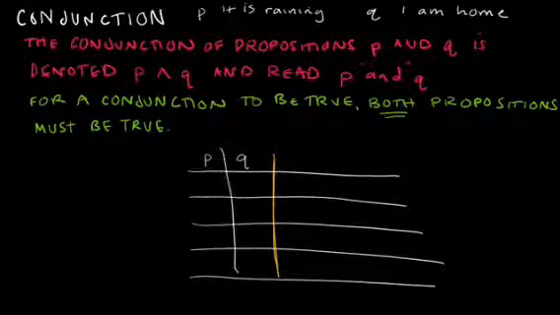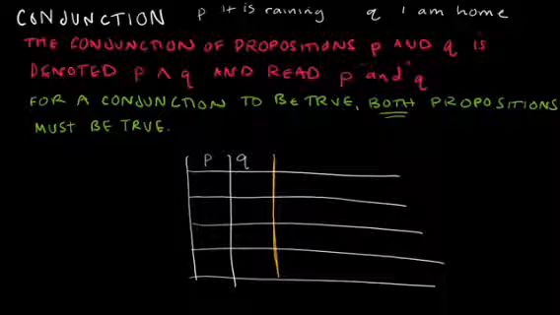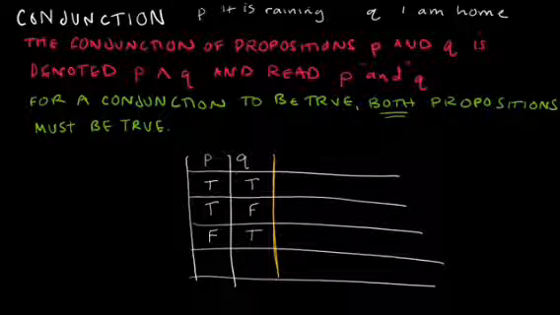And of course a column for each of my propositions. So I've got P, Q, and I'm going to list all of the combinations. So P could be true with Q true, or true false, or false true, or false false. So that's all of the combinations.